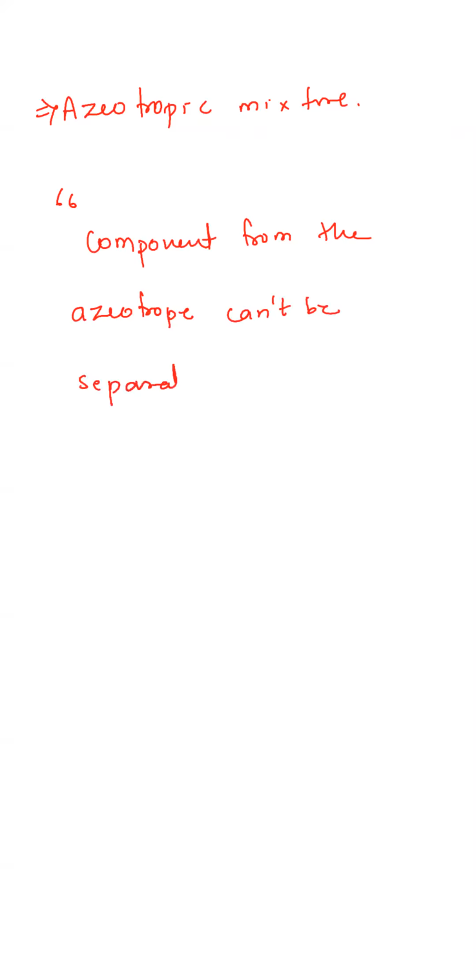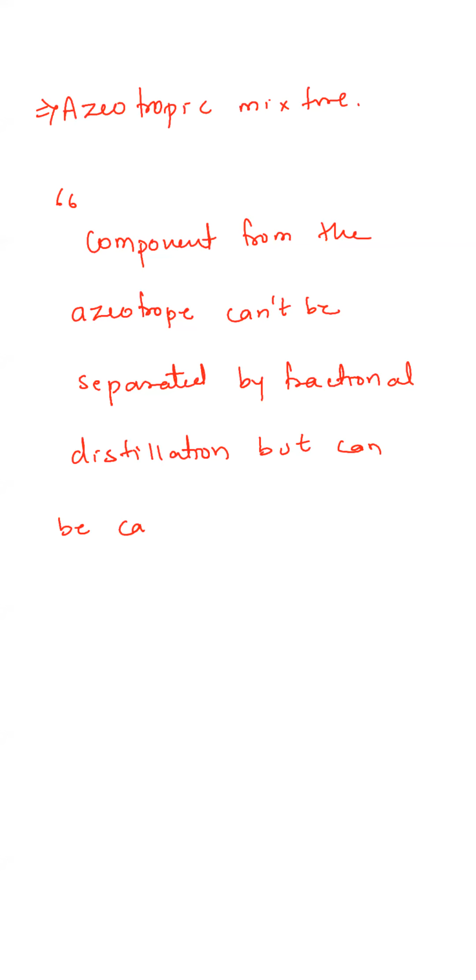So we can define as azeotropic mixture the component from the azeotrope can't be separated by fractional distillation, but can be separated by azeotropic distillation.